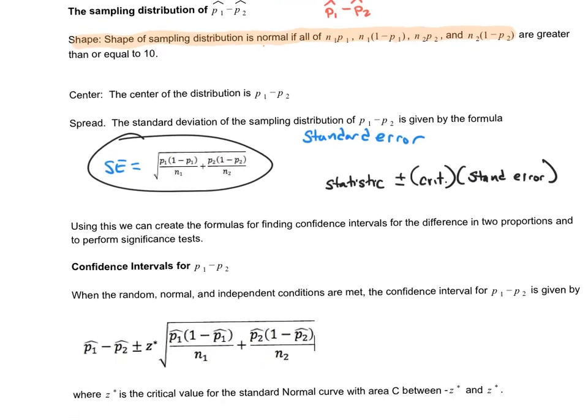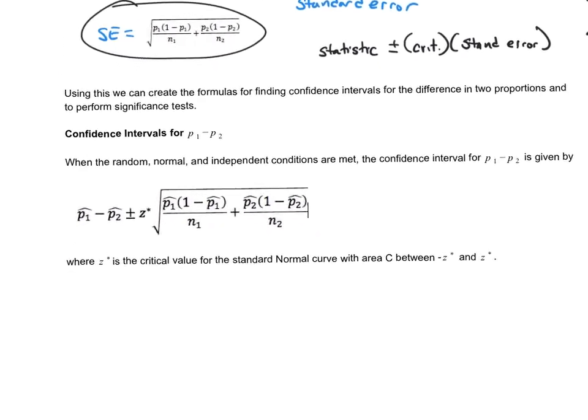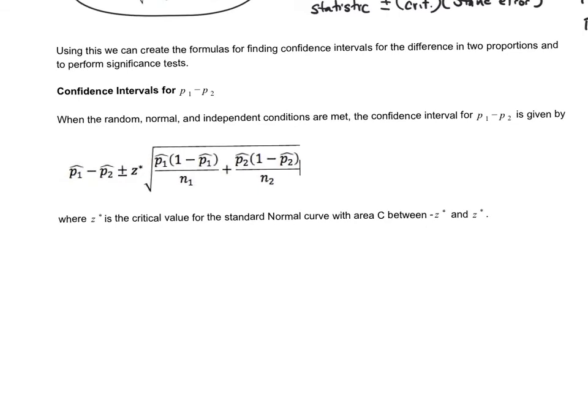So our confidence interval for the difference of two proportions is simply going to be given by this formula. It has to be random, it has to be normal, meeting those conditions above, and it has to be independent. Then this is our formula: P hat 1 minus P hat 2. So there is our sample statistic, plus or minus Z star. And that's the same one from the table.